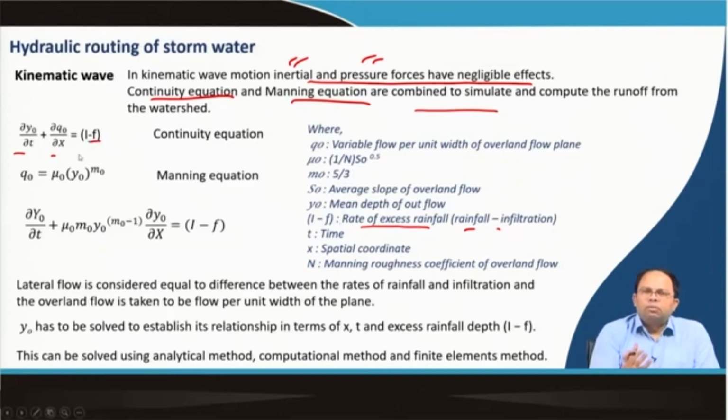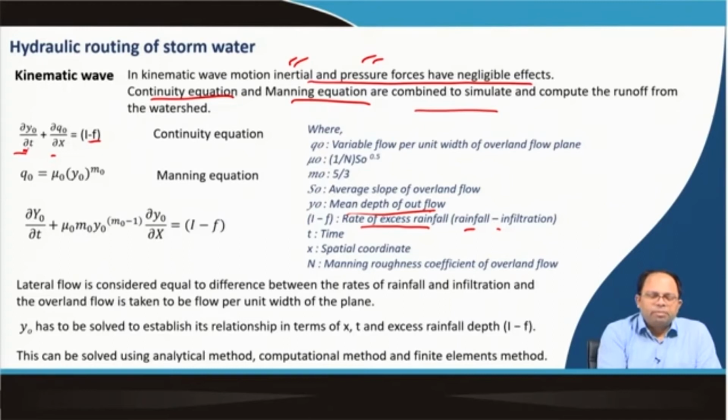So, this is the actual volume of water that we are considering, the water that will flow in the channel, and we can solve it with dy_o/dt, where y_o is the mean depth of flow, and this is per unit time. For each time period, we break the entire time into smaller time periods, and we can say what the depth is for each.